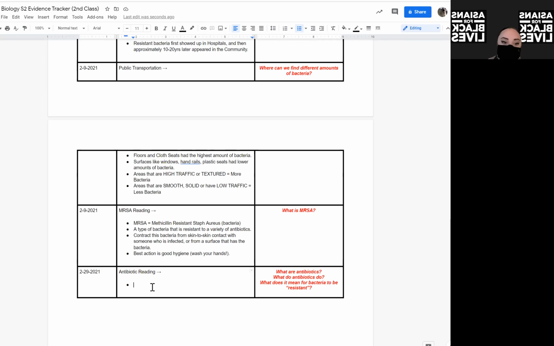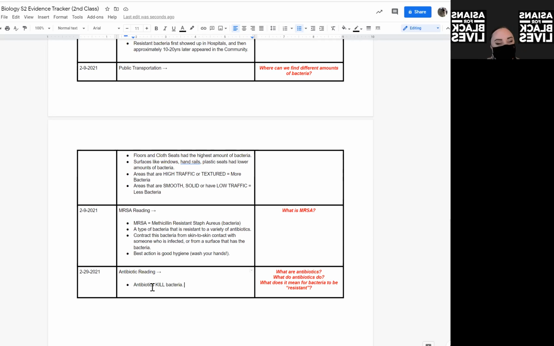So we want to start by reviewing and making sure we understand the basics of that antibiotic reading. So the first one was what we just covered. Antibiotics kill bacteria. Now again, I stress they kill bacteria. They don't kill viruses. They aren't used for germs.